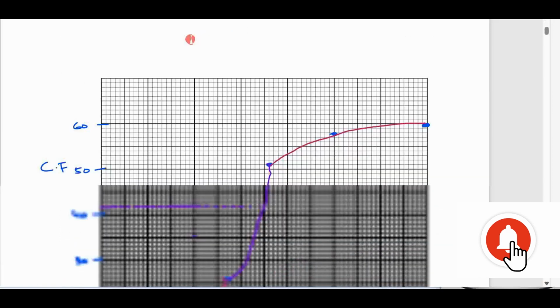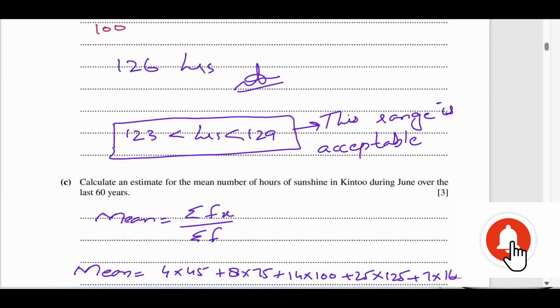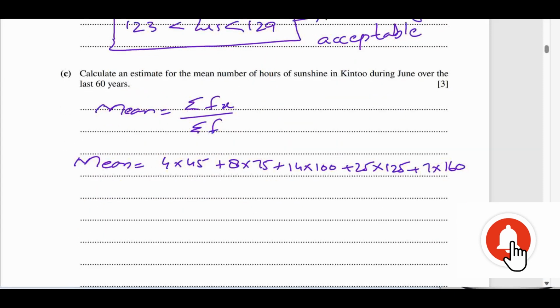So midpoint को हमने देखा. So last one is 210. So plus 210 multiplied by 2 whole is divided by 60. So इसको simplify करेंगे. So this will be equals to 1. Let's see.